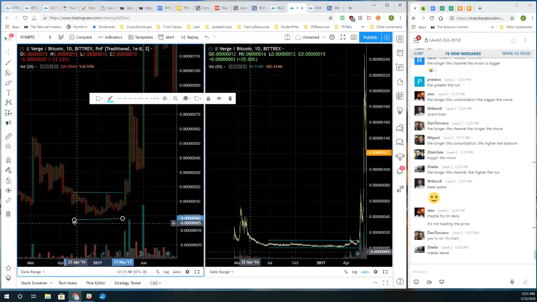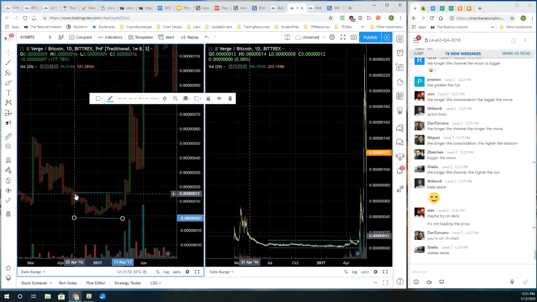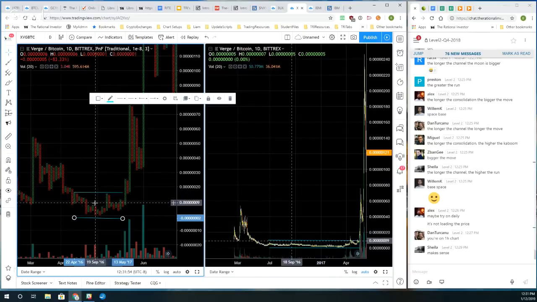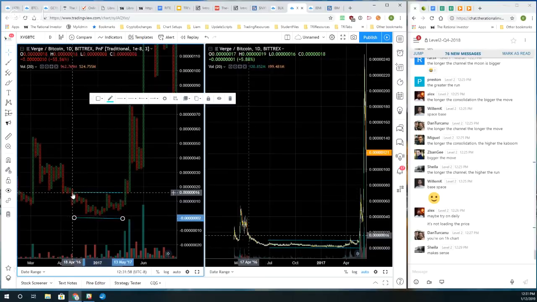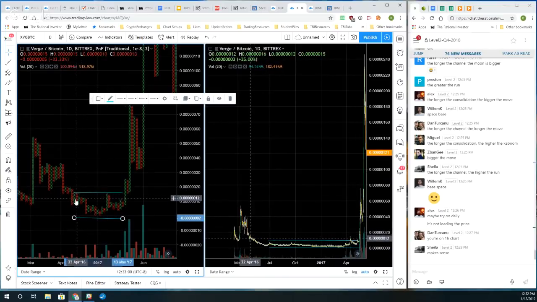And the point and figure chartists like to call this the horizontal count, where you're going to identify a trading range. And while it's in this range, you are actually going to count up the number of boxes. 1, 2, 3, 4, 5, 6, 7, 9, 10, 11, 12.